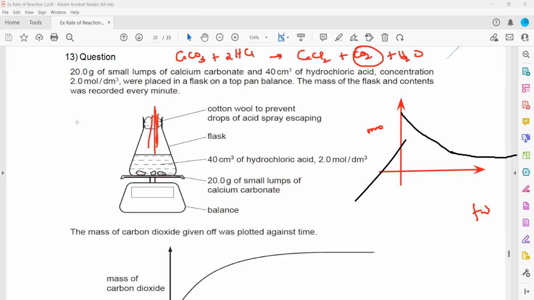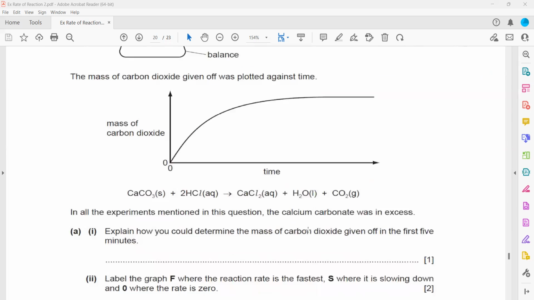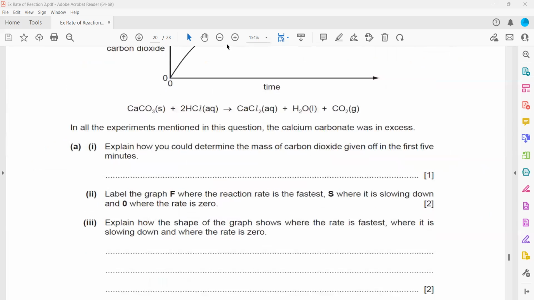Or you take a difference in the masses to know what mass of carbon dioxide gas is given off. By taking a mass difference for every time interval, you get how much mass difference happened. When you sketch a graph, you join the points, and this will be the shape of the graph. So how can we measure what mass of carbon dioxide gas is given off?